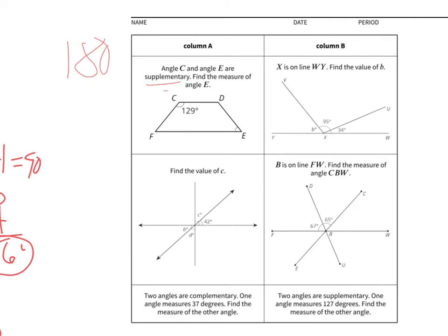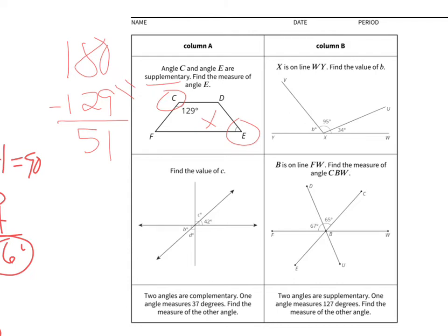So we know C, this one, and E, if we add them together, we're going to get 180 degrees. So we know C is 129, so if we go 180 minus 129, we are going to get 51. Okay? So we should get 51 over on column B too.